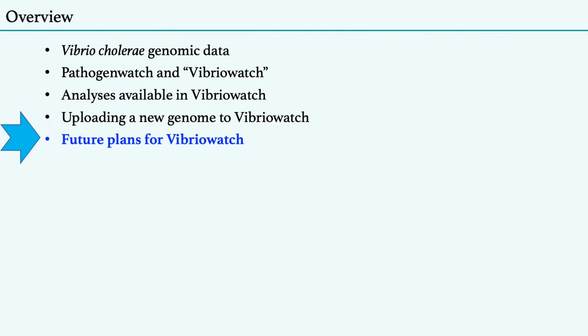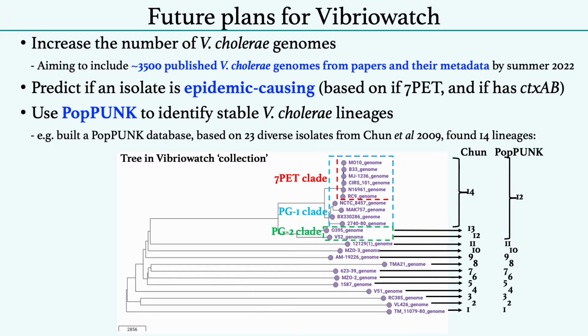I will next talk to you about our future plans for Vibrio Watch. A key aim for Vibrio Watch in this summer of 2022 is to upload as many as possible Vibrio cholerae genomes that have been published in papers, with the goal of at least 3,500 genomes.